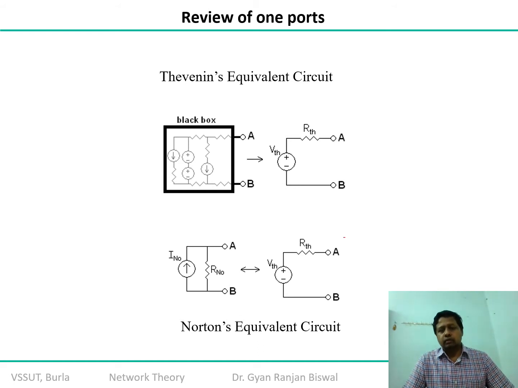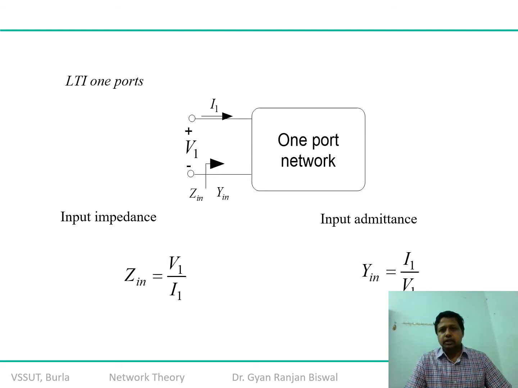If more than one source is participating, all are clubbed together as an equivalent single source called the Thevenin voltage, or, complementary to that, you can represent it as a short circuit current, the Norton's current, and with that the Norton's resistance. Both are ultimately complementing each other. The motto is that it doesn't matter how complex the network is, ultimately it can be realized as a one-port network. So let us proceed.